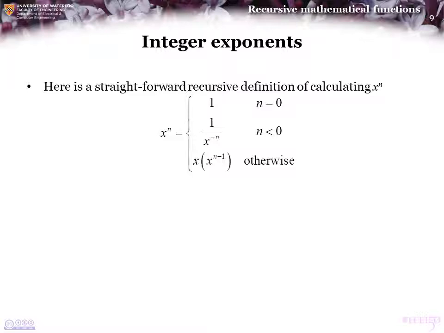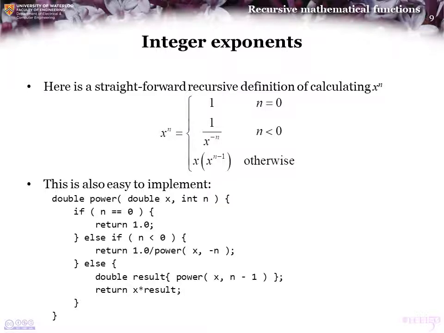Okay, that's quite straightforward too. So this sort of function can be implemented very easily in C++, and as we have already done so with the factorial function, we're just going to present this solution.